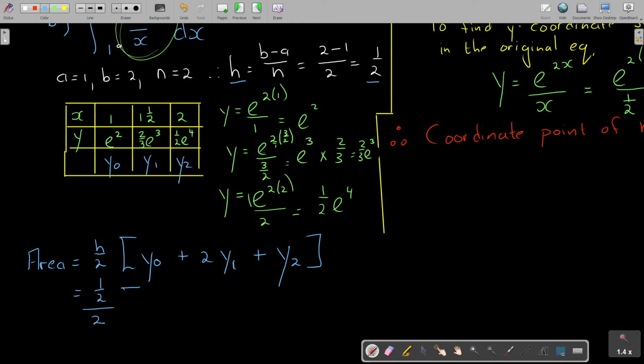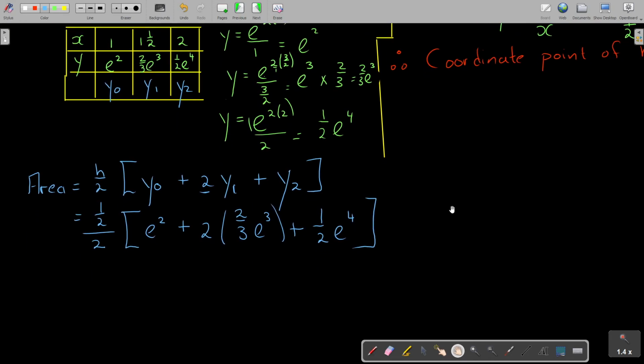Are you with me? I substitute 0, so it's e to the power of 2 plus, I just want to see if this one is correct. Yes, it's correct. So it's 2, and because of the 2, it's going to be 2 over 3 e to the power of 3, plus, and then my final one is a half e to the power of 4.